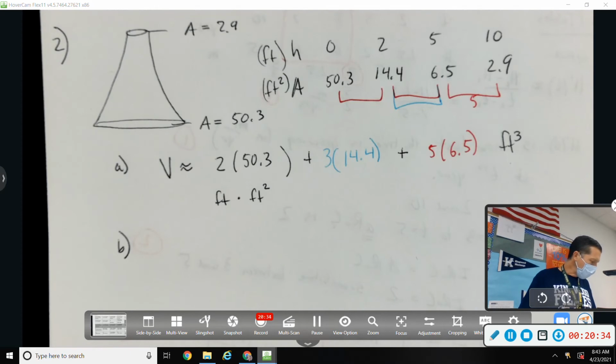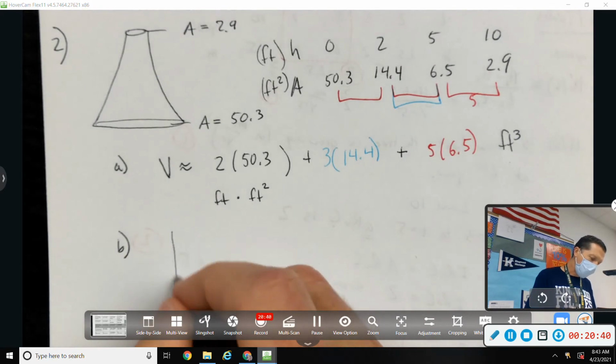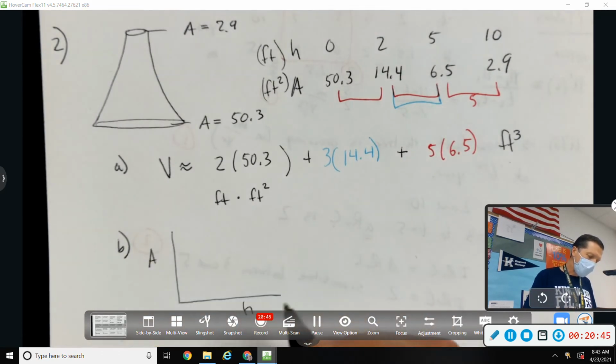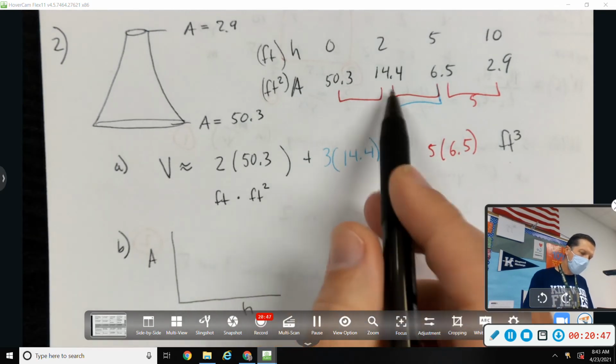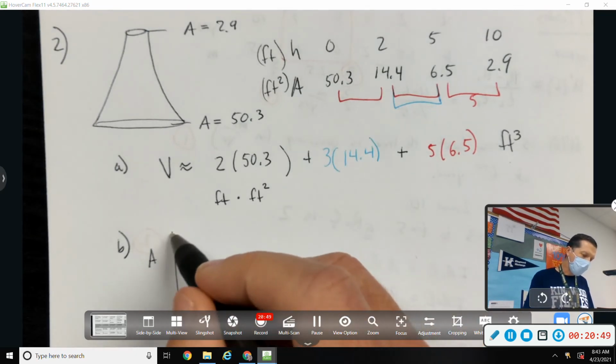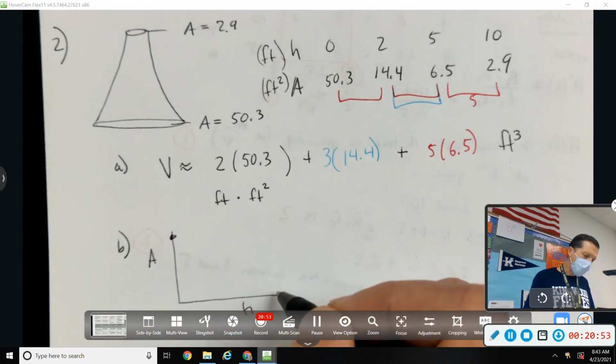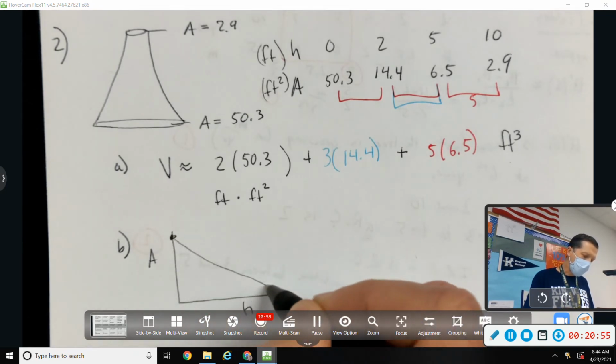Part B, does the approximation overestimate or underestimate the volume of the tank? Explain your reasoning. Let's see. The area is decreasing as h increases. We don't really know what it looks like, but it's going down.